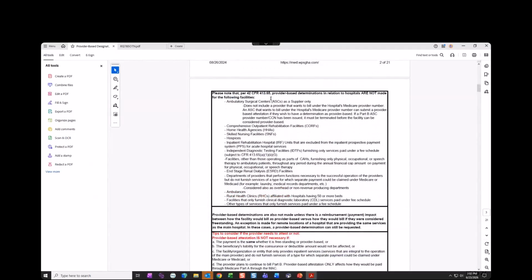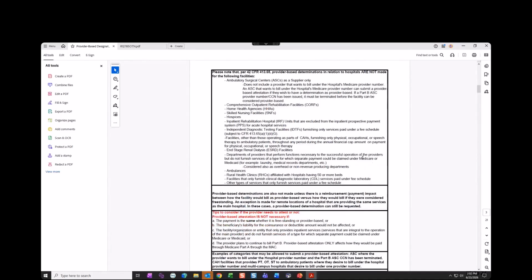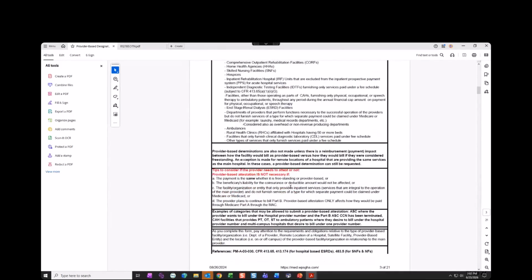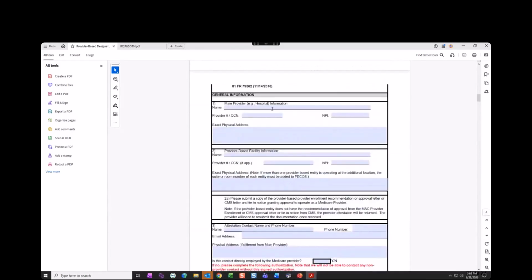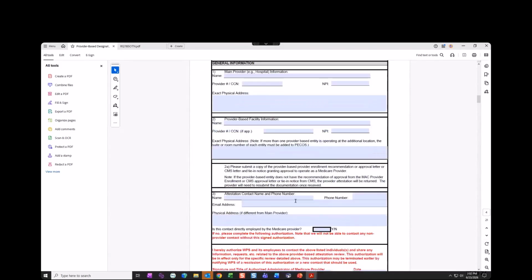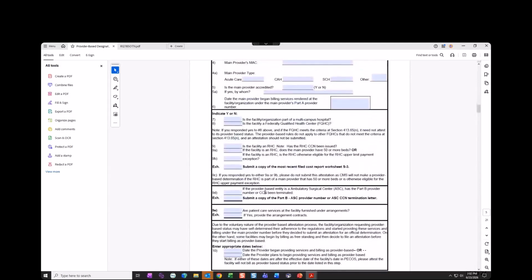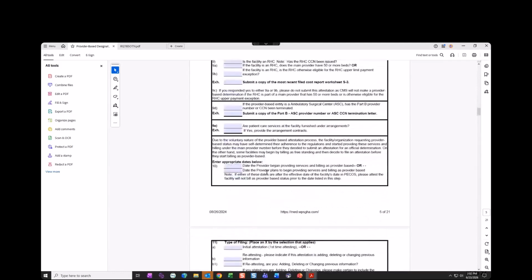This one talks about how, again, if there's no payment difference, it might be in the future.